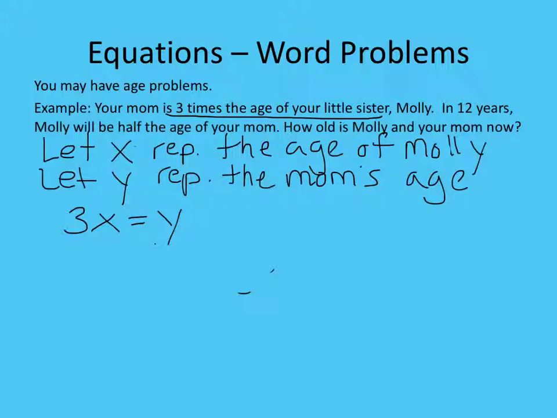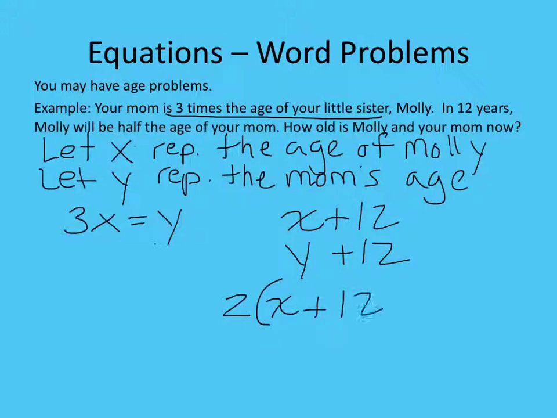In 12 years, Molly will be half the age of your mom. Okay. So if it's in 12 years, Molly will be x plus 12, her age plus 12 years, and mom will be y plus 12. Except Molly will be half the age of mom, which means twice the age of Molly will equal y plus 12.